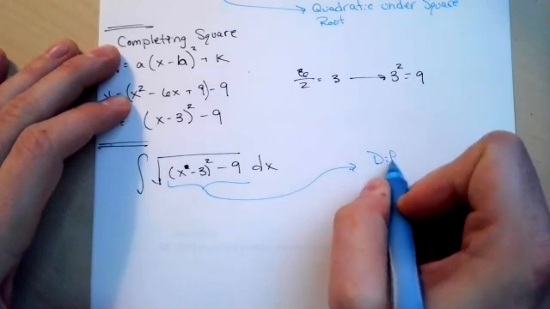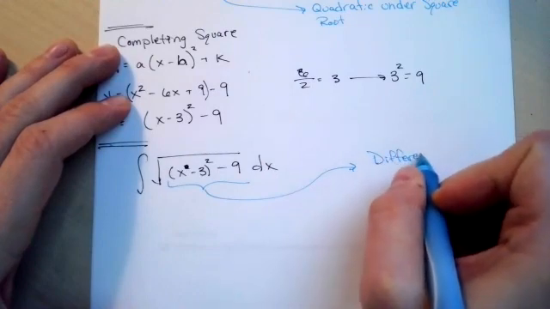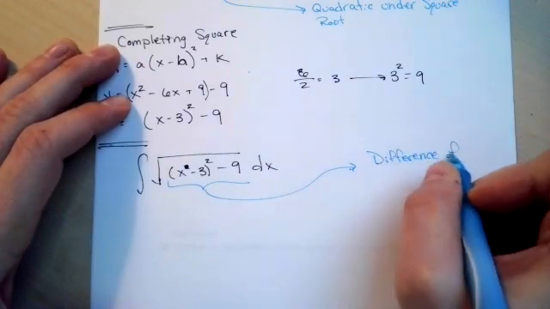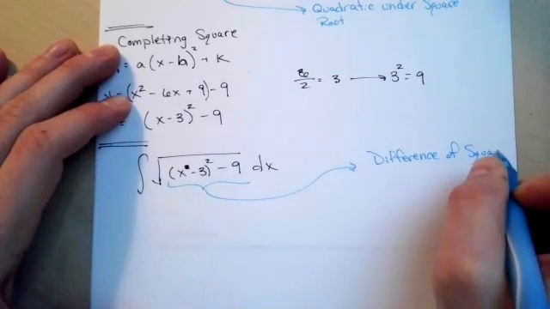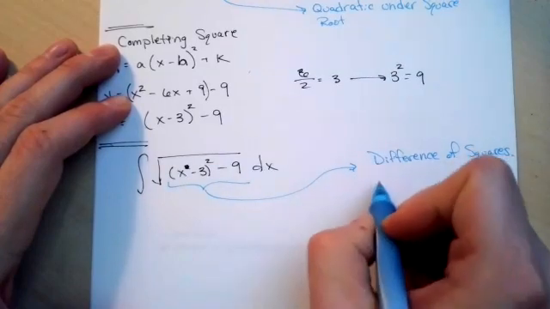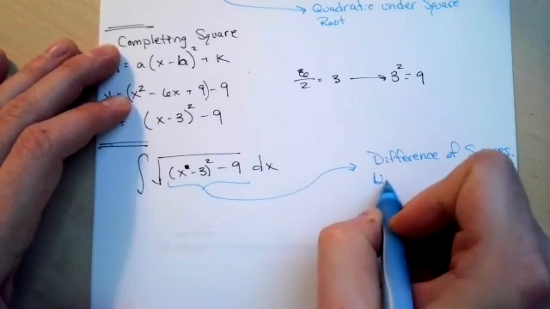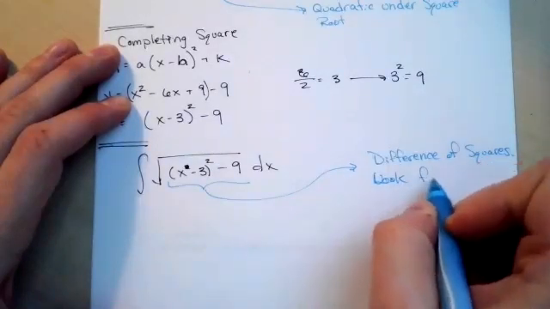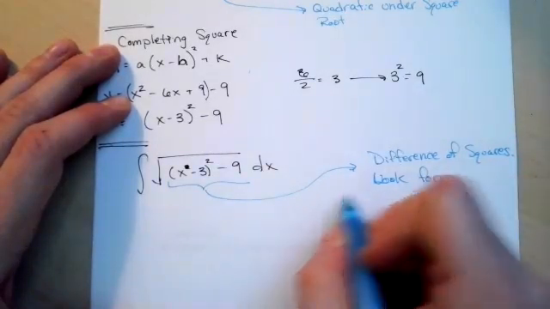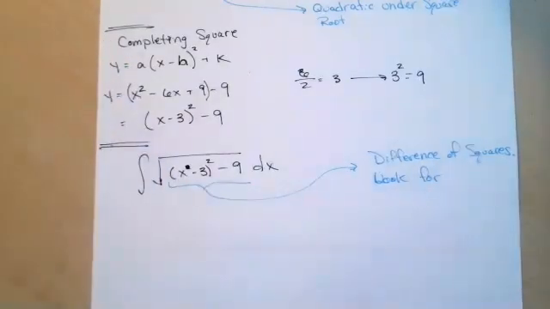Now we have our difference of squares. Here, I'll say look for. And what substitution do we want to make in this case? This is going to be the substitution we haven't made yet. It's a difference of squares.